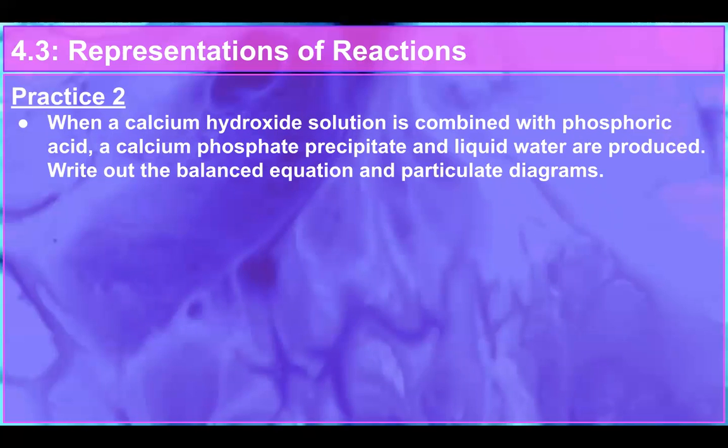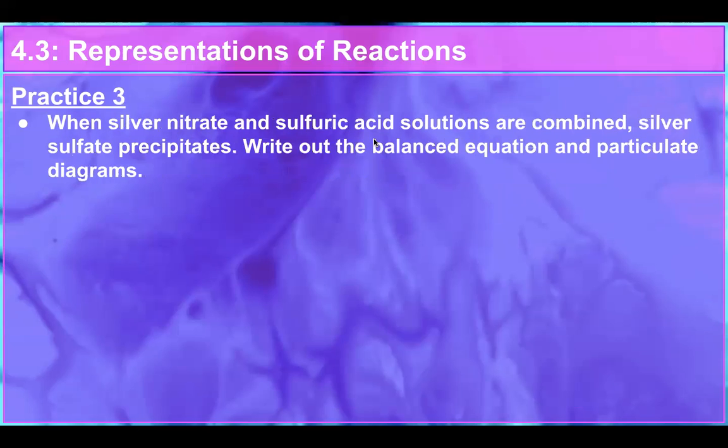Onward to practice number 3. So now we've got silver nitrate and sulfuric acid. They're both solutions. They are combined, and we will get a silver sulfate that precipitates. So go ahead and write out a balanced equation. If you want to get real fancy, you can also write out the net ionic equation for our silver sulfate.